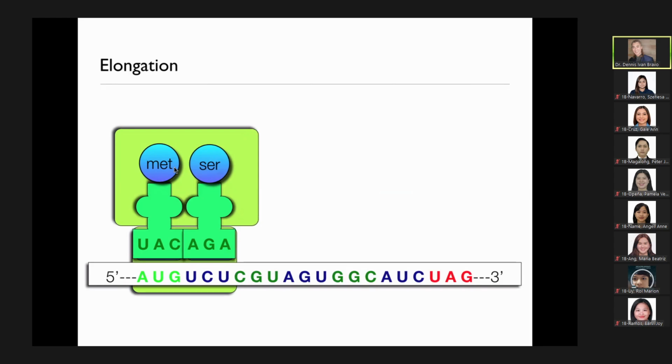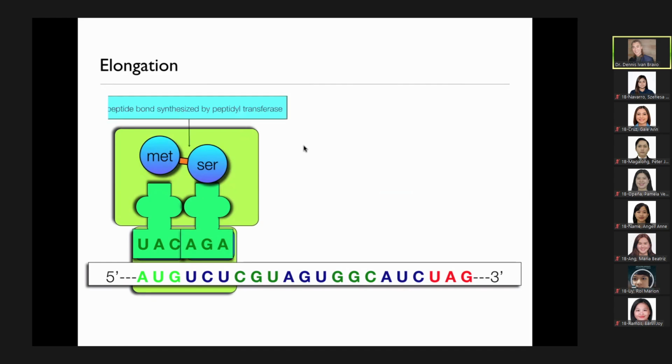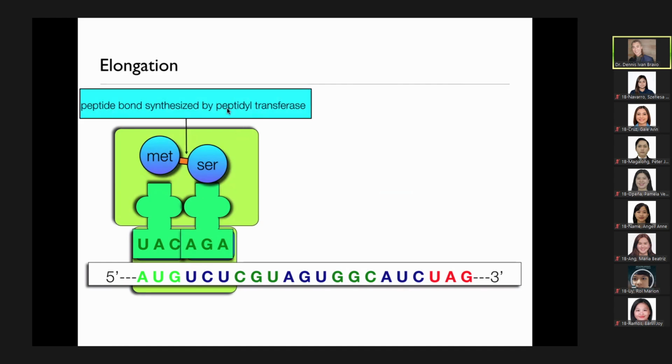The methionine from the P site will be released and will form a peptide bond with serine. The process of peptide bond formation is catalyzed by the enzyme called peptidyl transferase, a ribozyme that is found here in the large ribosomal subunit.